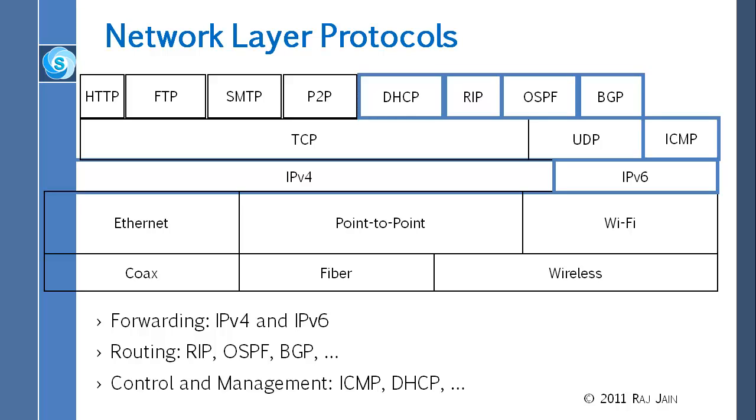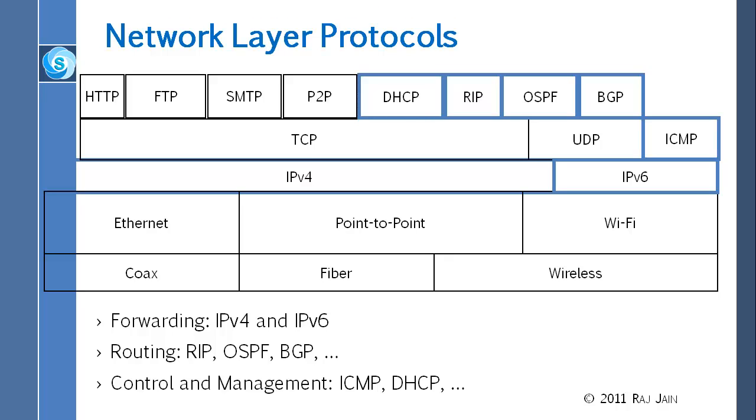Okay. So IPv4 and v6 are called forwarding protocols, not routing protocols. So there is a difference between forwarding and routing. And the difference is, forwarding means you look up a table and you find out where the packet has to be sent.